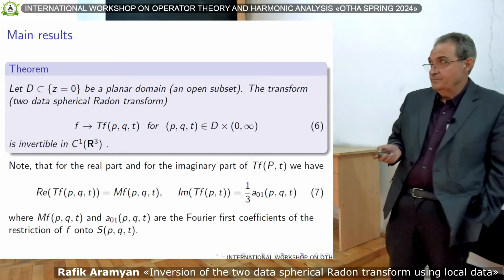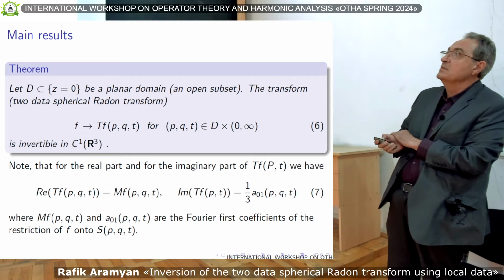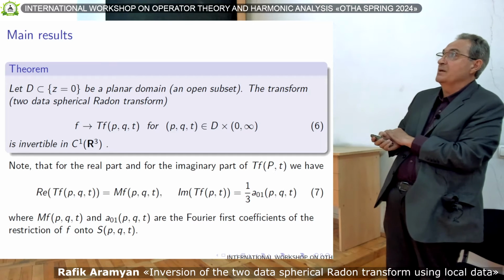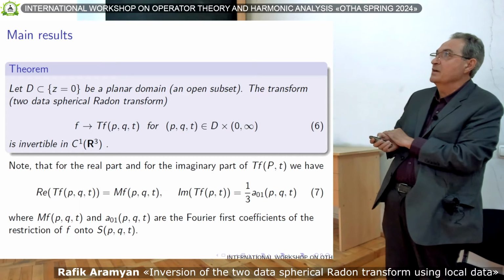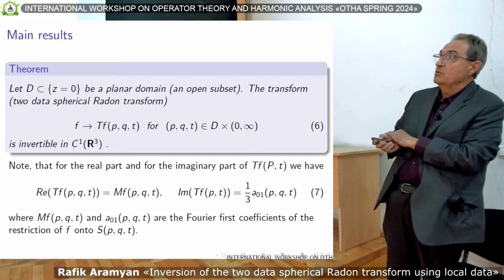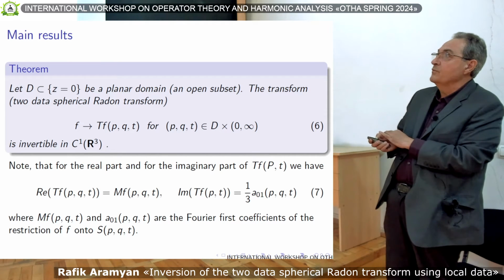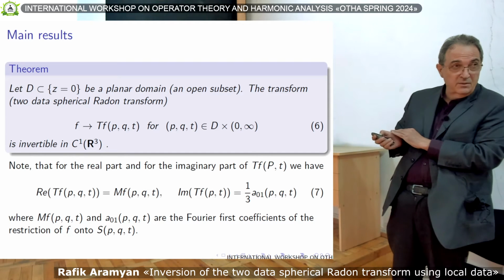The main results. The theorem states: let D be a planar domain, an open subset of the xy plane. Then the two-data spherical Radon transform, where the centers (P, Q) belong to D, is invertible in this subspace.